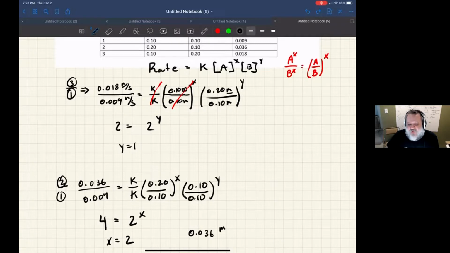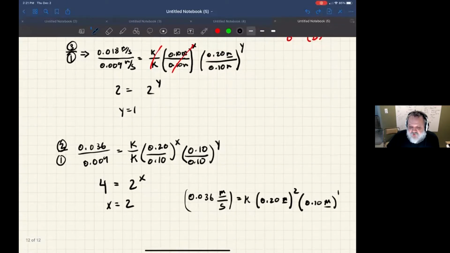The rate of the reaction is always molarity per second. So the units of k are going to be whatever they need to be in order to make the rate molarity per second once I've multiplied k by A to the second power and B to the first power.